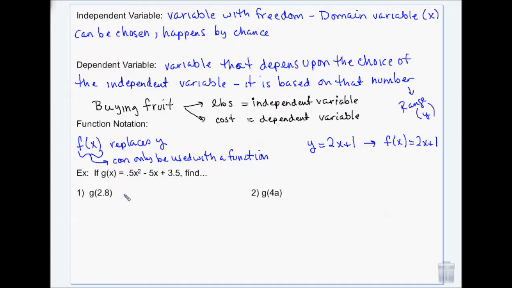So if g of x is going to be 0.5x squared minus 5x plus 3.5, g of 2.8, we're going to plug 2.8 in everywhere there was an x.